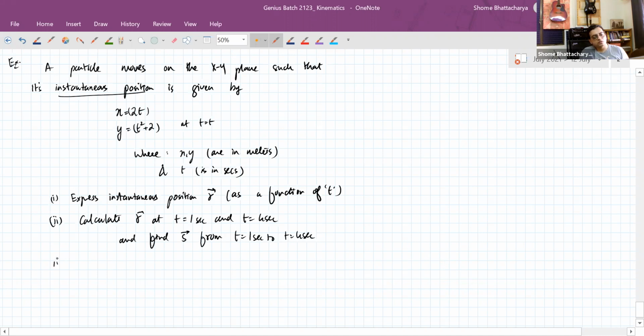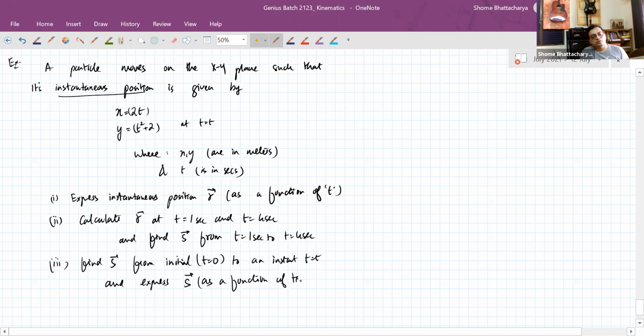Third, find the displacement from initial, that is t equal to 0, to an instant t equal to t, and express s as a function of time t. And then we'll calculate instantaneous velocity.